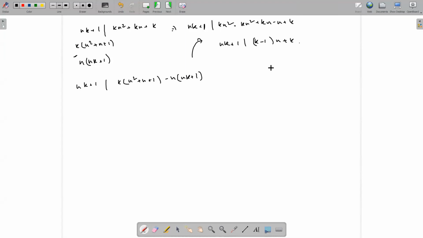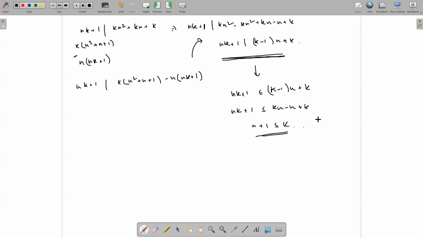So what does this give us? This gives us nk plus 1 is less than or equal to k minus 1 times n plus k, right? So let's go back and see what this means.